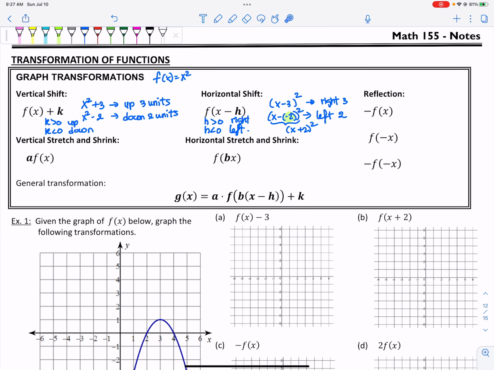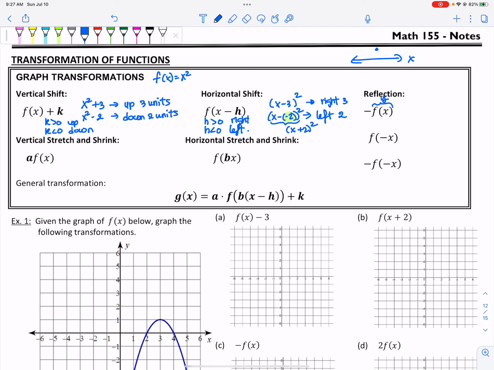All right. Reflection. If you have a negative in front of f of x, remember that f of x is a y value. So a negative in front of the y value would make that y value the opposite. So it's a vertical flip. So here's the x-axis.